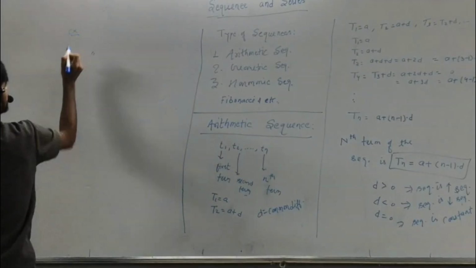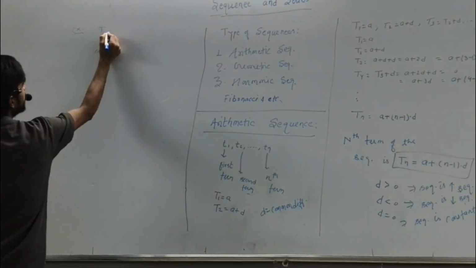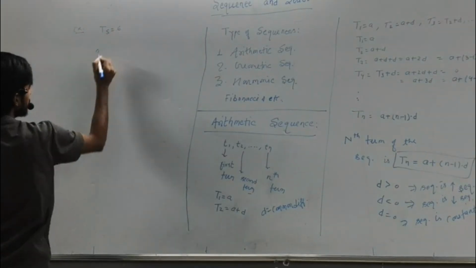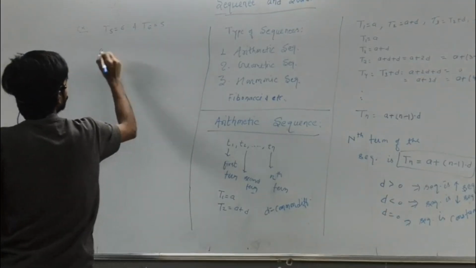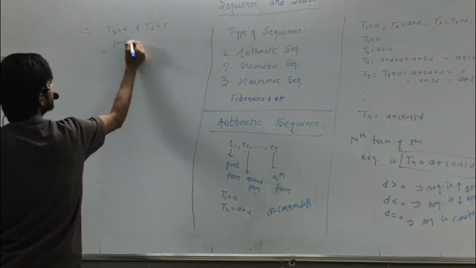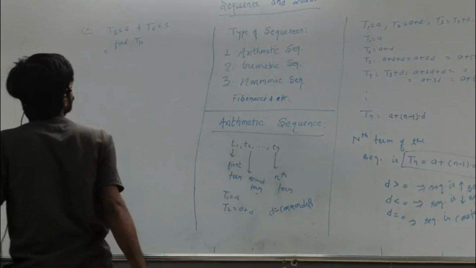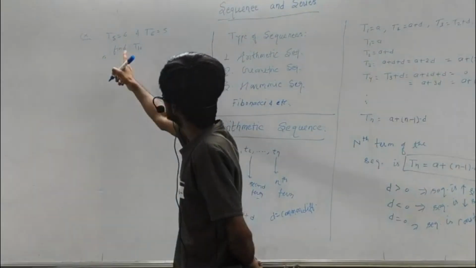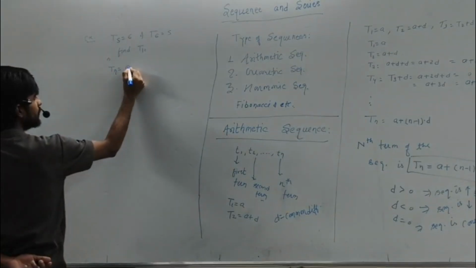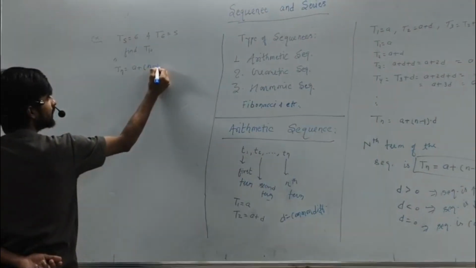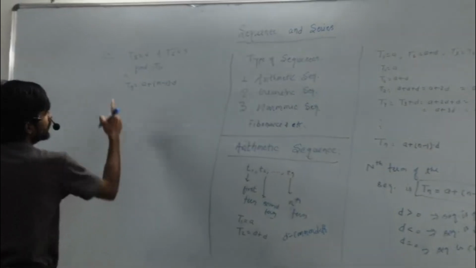Suppose the fifth term is 6 and the sixth term is 5, find T10. What is the meaning of it? What is T5? As we know very well, Tn is equal to A plus n minus 1 into D. So what is T5?